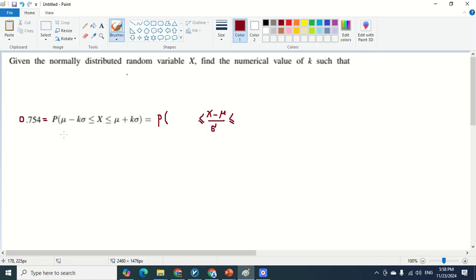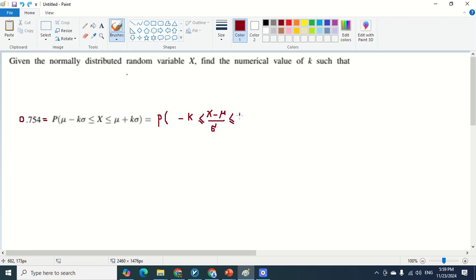So if I subtract mu from the first one, this mu will be cancelled, meaning that mu minus k sigma minus mu, the mu will be cancelled, and by dividing by sigma, the result will be minus k. At the right side, if I do the same thing, if I subtract mu from that one, the mu will be cancelled, and by dividing by sigma, that sigma also will be cancelled.